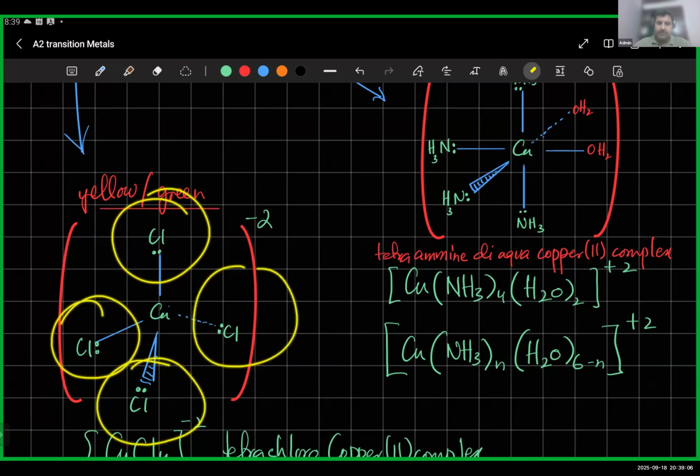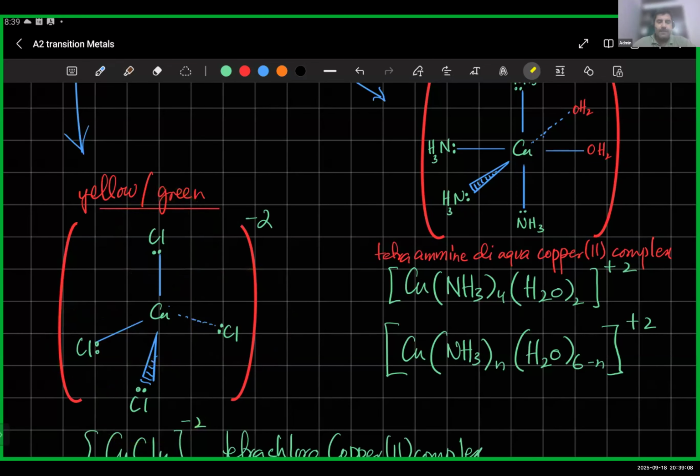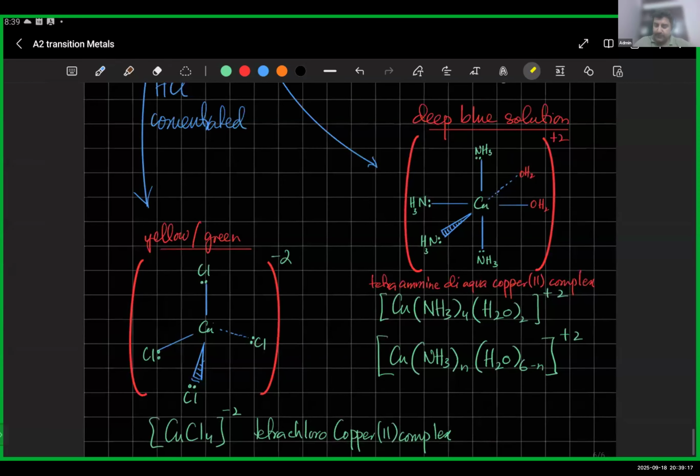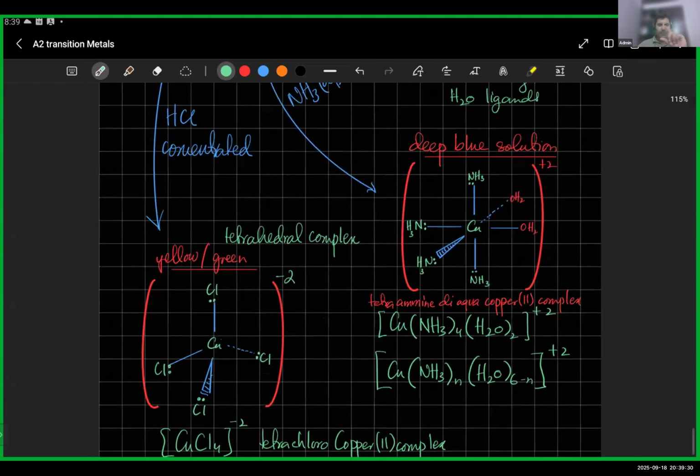You can only fit 4 Cl around it, and with 4 dative bonds, that's a tetrahedral arrangement instead of an octahedral one. So this one is a tetrahedral complex. The smaller ones were all octahedral.